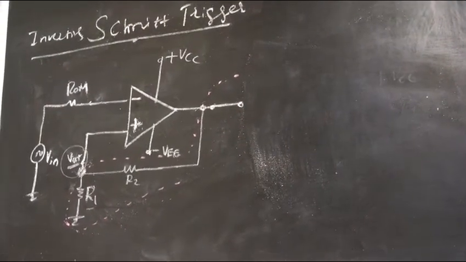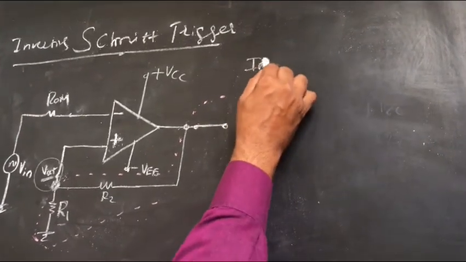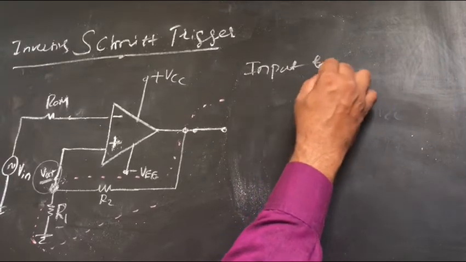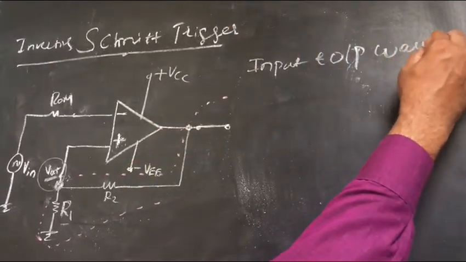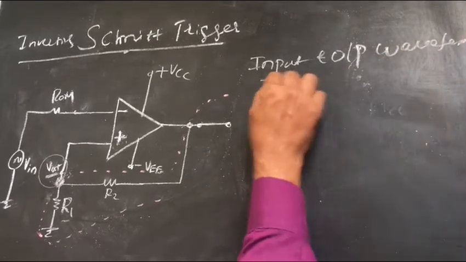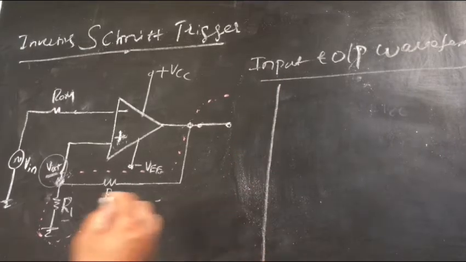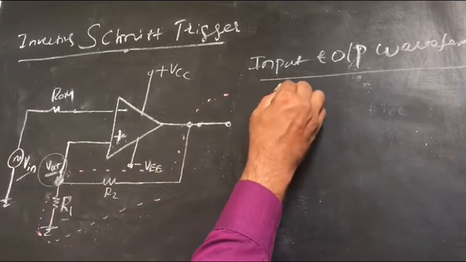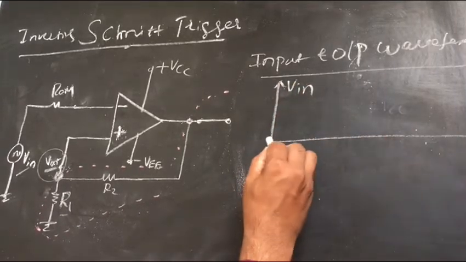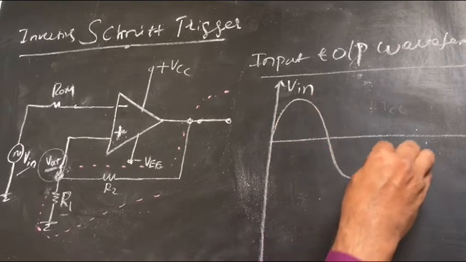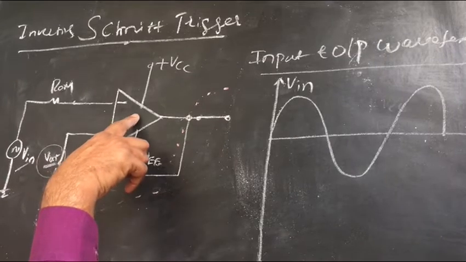Now let us understand the working of the inverting Schmitt trigger with the help of input and output waveforms. Let us have this input as a sinusoidal signal, where this is connected to Vin of the Schmitt trigger.